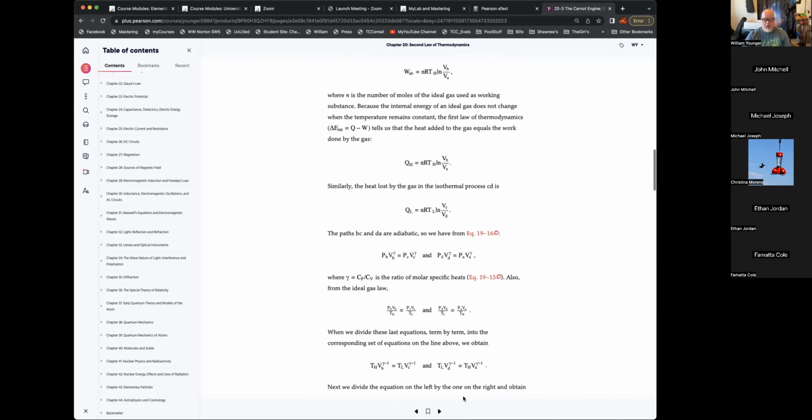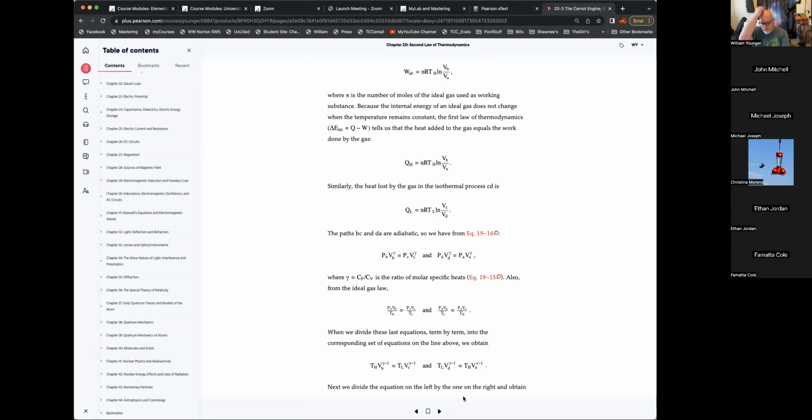This is your author going through the process of deriving it. One of the equations they use, by the way, is P1 V1 to the gamma equals P2 V2 to the gamma, where gamma is equal to the molar specific heat at constant pressure divided by the molar specific heat at constant volume.